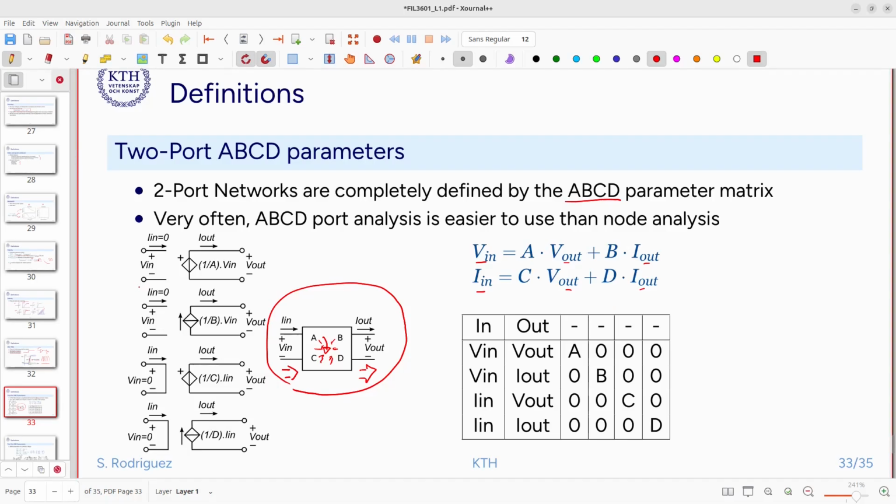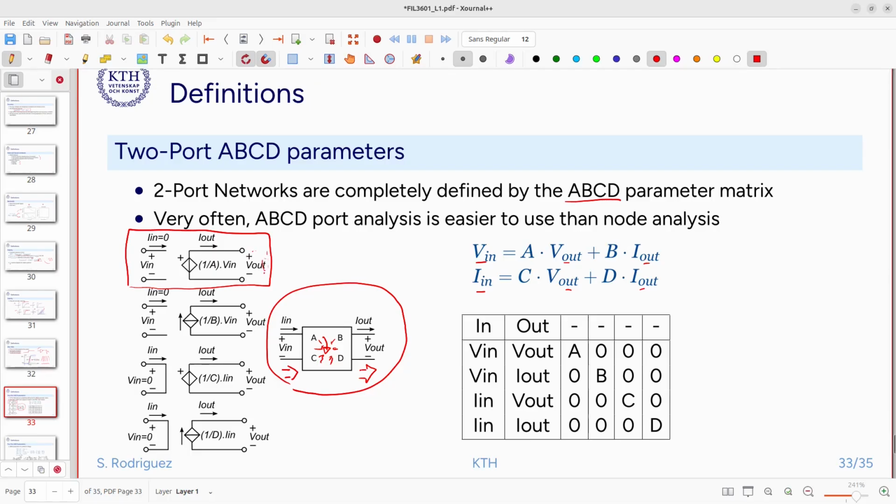So a voltage amplifier conceptually we define as a voltage controlled voltage source, and that will take an amplifying parameter 1 divided by A. So how do we find this parameter? We make the output current equal to 0. That means that we don't load the output.